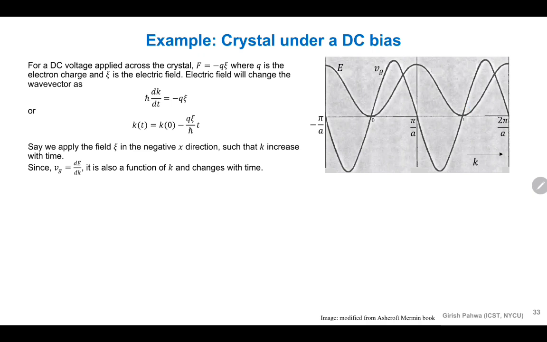So it started like this, returned, increased the velocity, slowed down, again returned. What is it doing? Oscillations. If you apply a constant force to a crystal, the wave packet is supposed to oscillate. These are called Bloch oscillations.